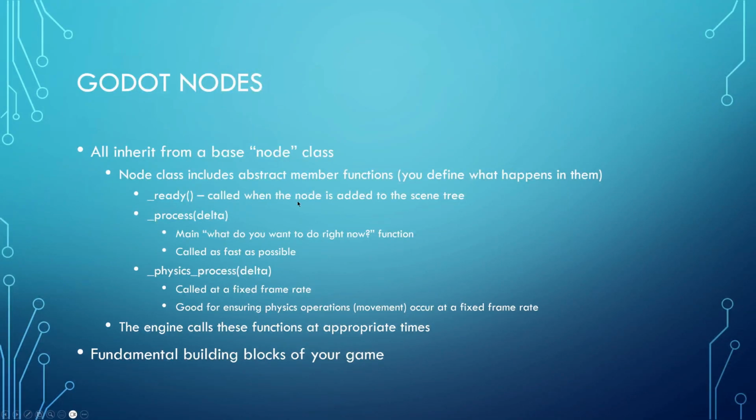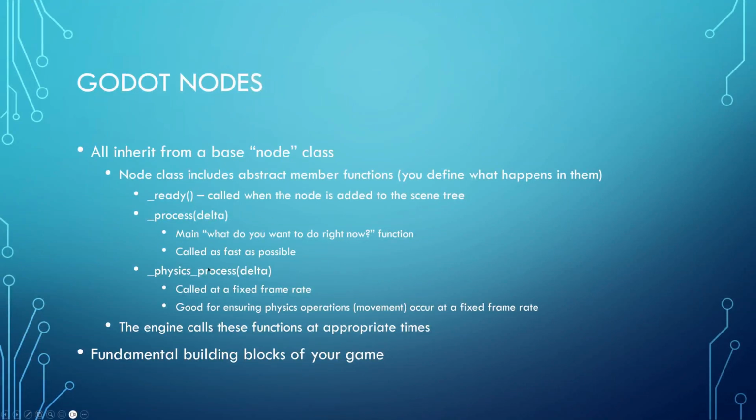Now, games operate on a series of frames, and there are display frames, processing frames, and physics frames. We don't need to worry too much about the display frame rate. That's taken care of by the engine. What we care about is processing frames and physics processing frames.